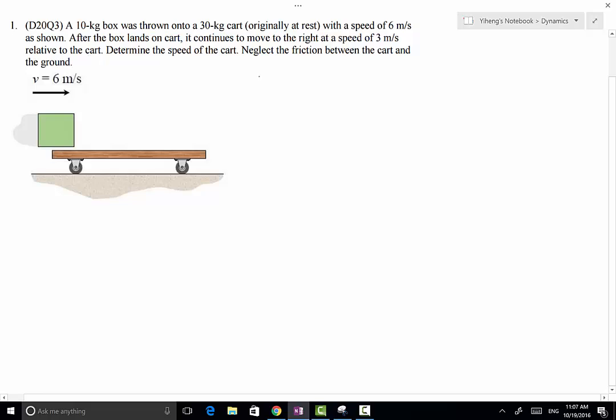State 1 is right before the box lands on the cart. So the mass of the box times VB1, again, this is along the x direction, equals the mass, which is 10 kilograms, times the initial speed of the box, 6, plus MC times VC1.